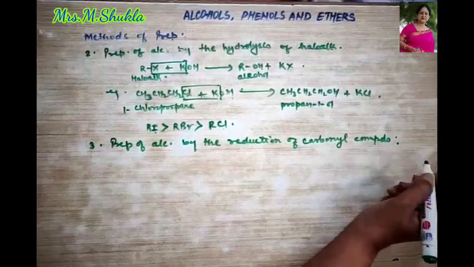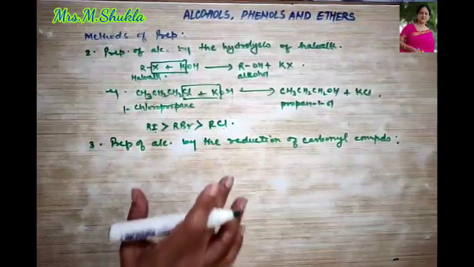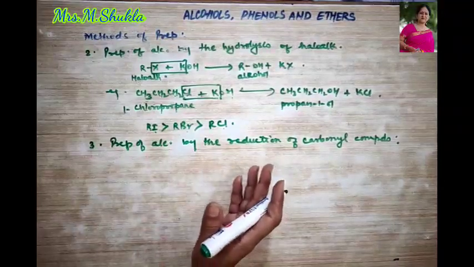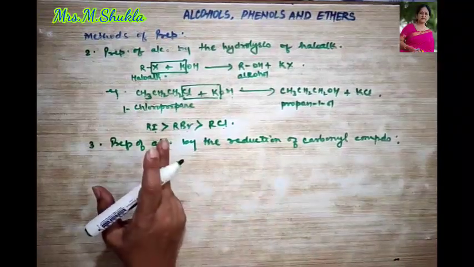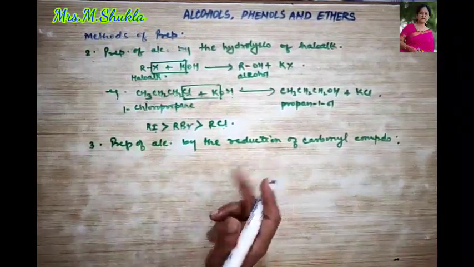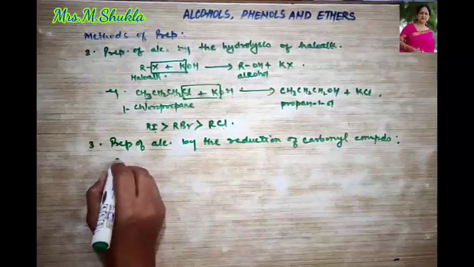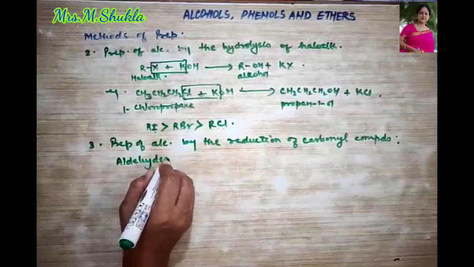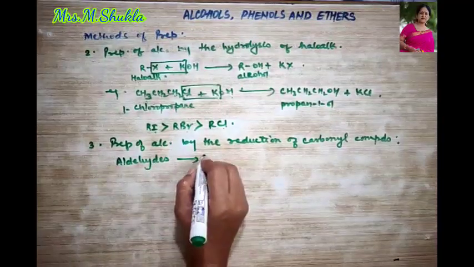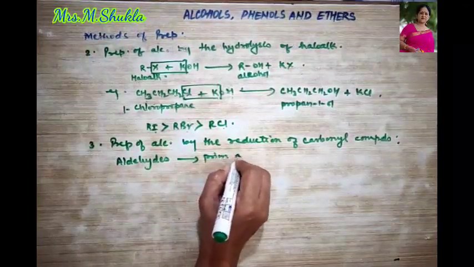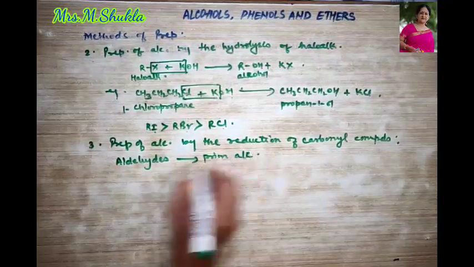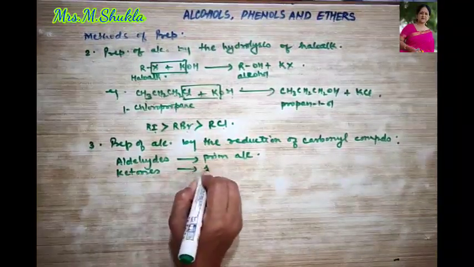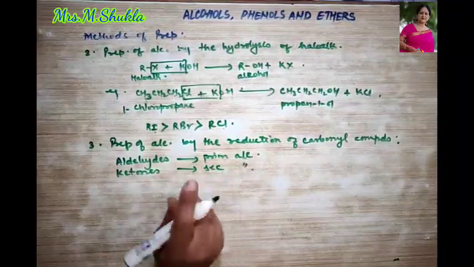Over here, aldehydes on reduction give primary alcohols, and ketones give secondary alcohols.